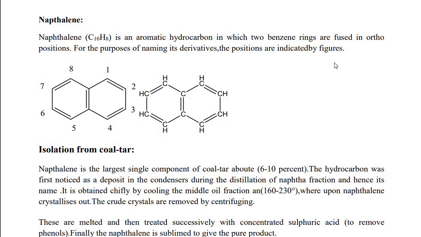For the purpose of naming its derivatives, the positions are independently indicated by figures. You can see the numbering starts from this carbon, either this carbon or this carbon. So in total you have to give 8 carbons numbering, and there are 2 carbons here which are the fused positions.